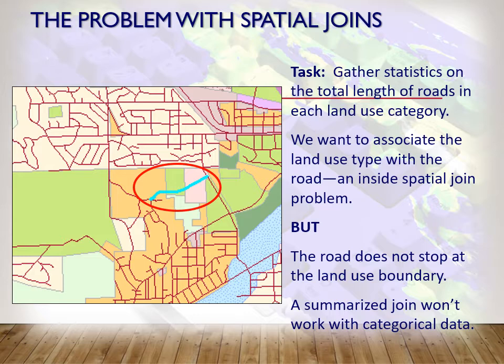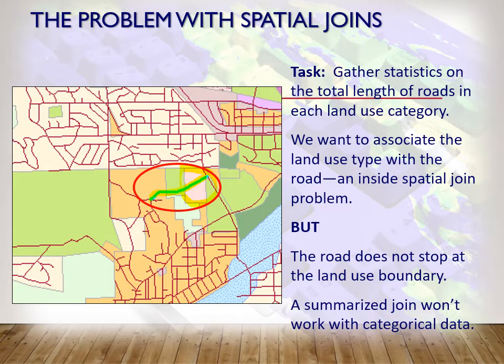For example, let's say this is the parcel that I'm curious about, and I want to join the road to it to see how long is that road, how many miles or how many kilometers is that road within the parcel. However, it's going to give me the entire road length, not just within that parcel.